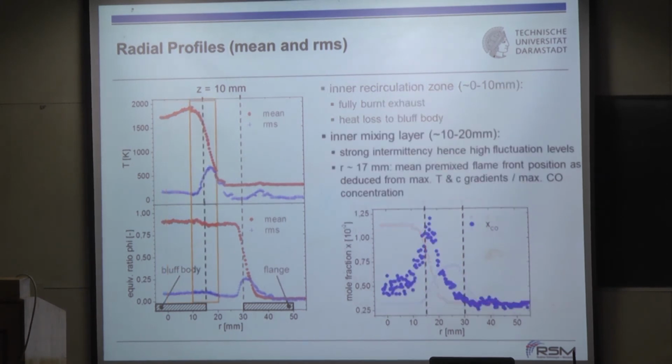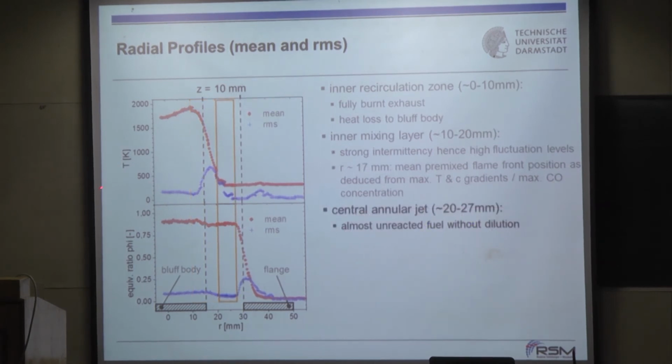If you go to this region over here, where you see the temperature gradient, there you have fluctuations because your flame is not stable. You have intermittency. That's why you also have higher fluctuation values. And it's here as well where you find high CO values, clearly, because the reaction is not complete. Then you go here into the annular jet.